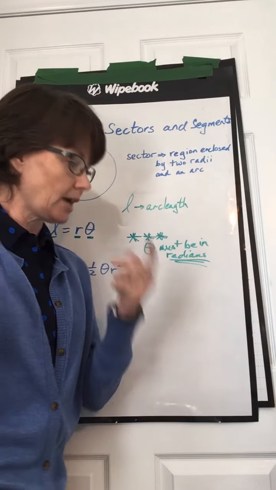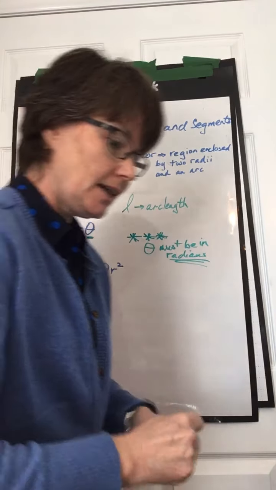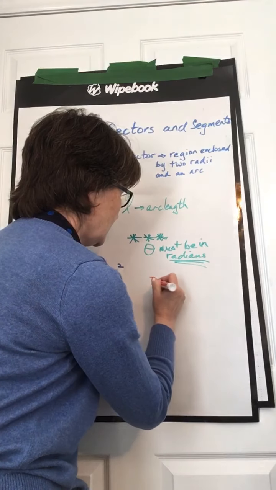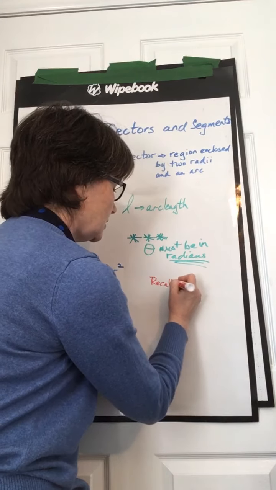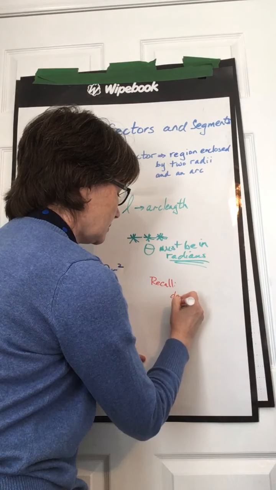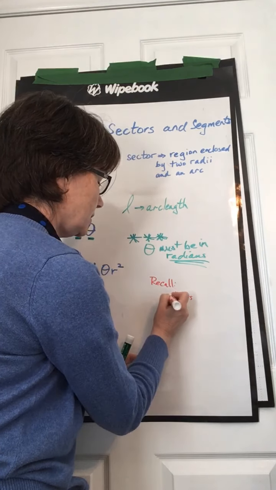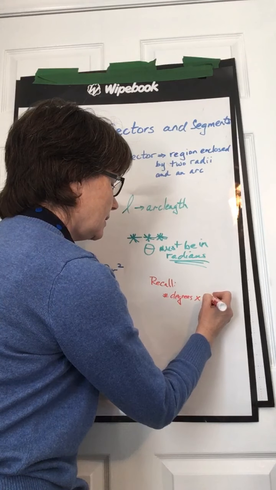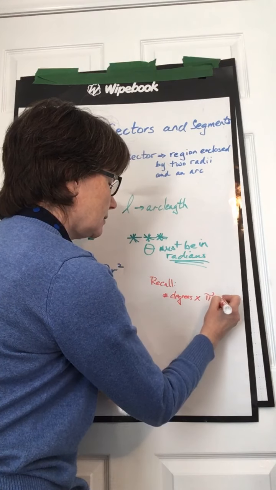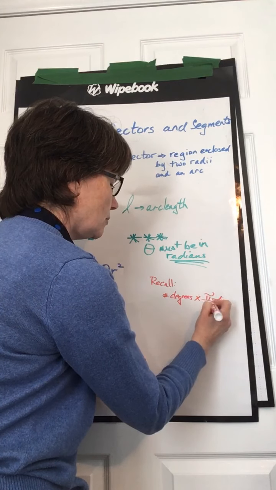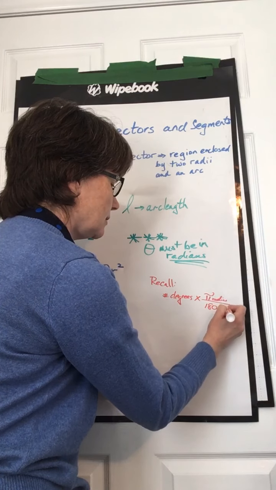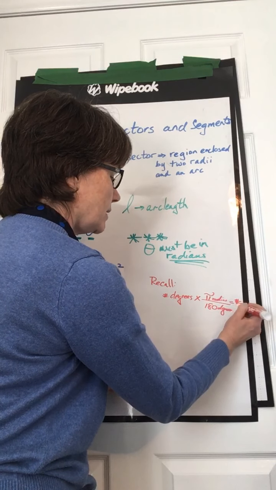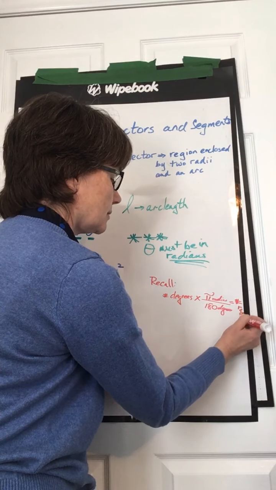And you can all do that. Let's recall, if your question is in degrees, so we have a number of degrees, we multiply by pi radians over 180 degrees, and that will give us the number of radians.